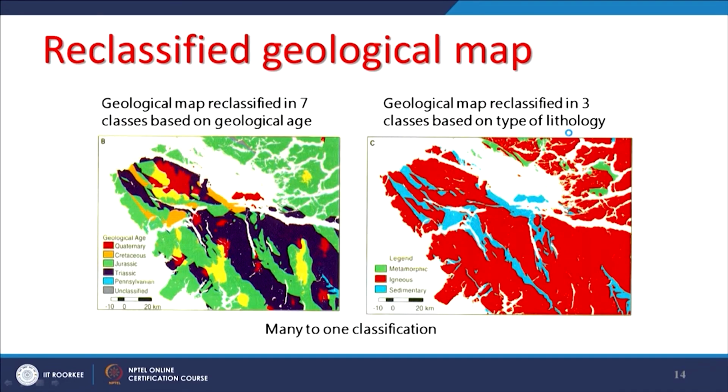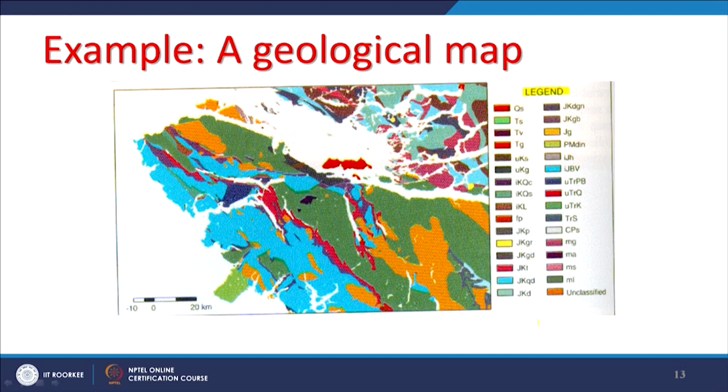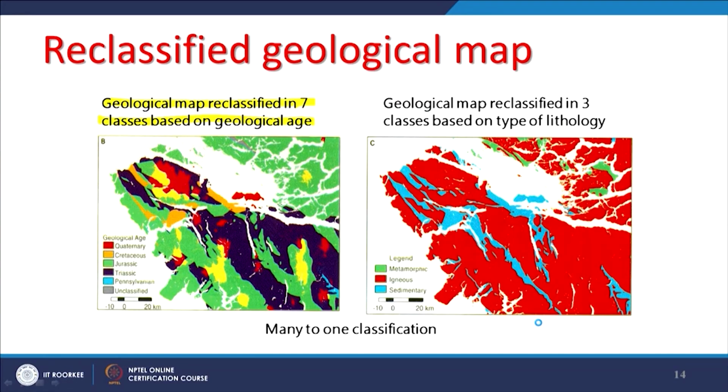For example, I can reclassify it into a geological map of 7 classes based on the geological age of the different units. Here you are seeing about 20 classes that have been reduced, that is many-to-one, to only classes based on the age.